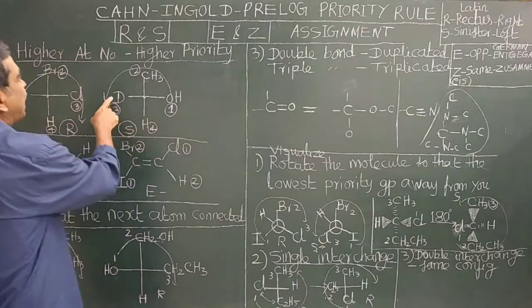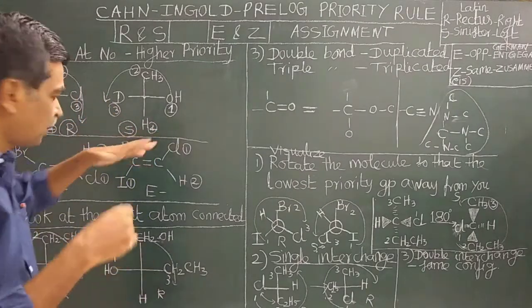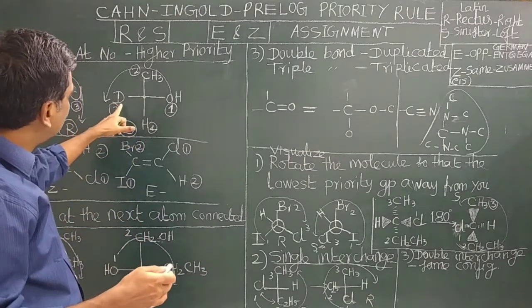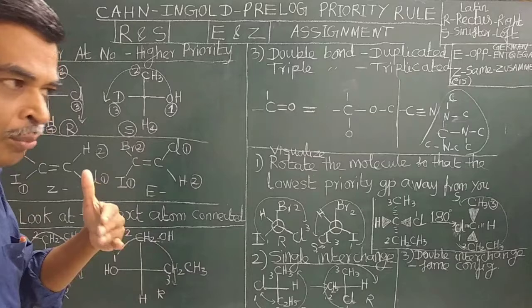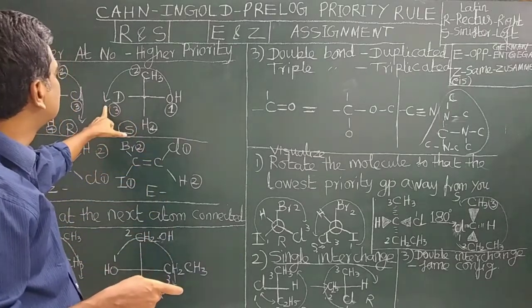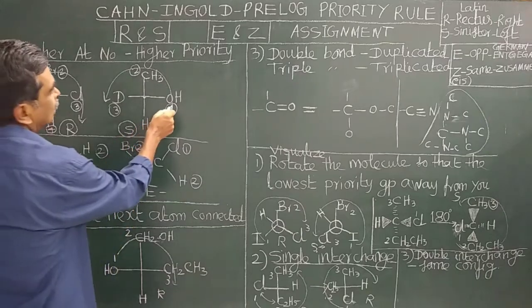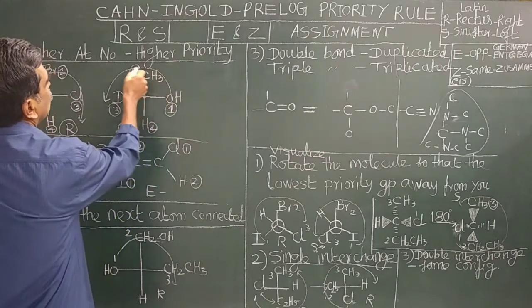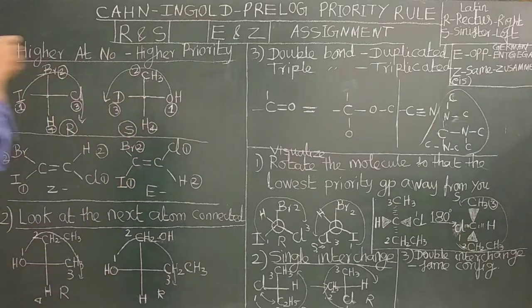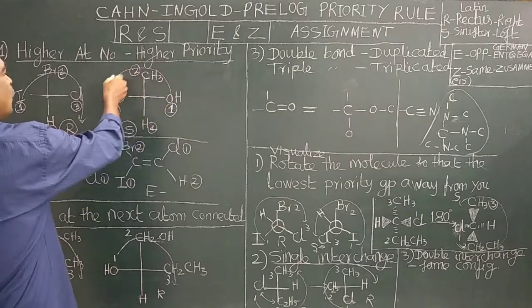Because for the same atomic number, the mass number of D is 2 and the other is 1, therefore D is given priority. Now see 1, 2, 3: the arrow goes in the anti-clockwise direction.